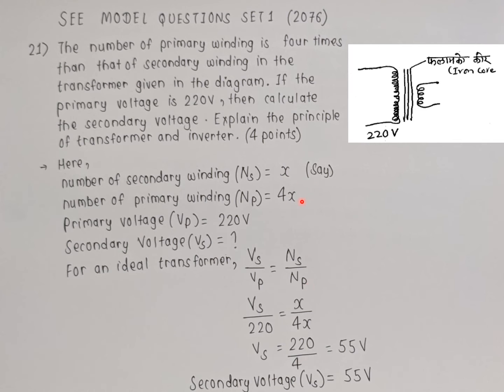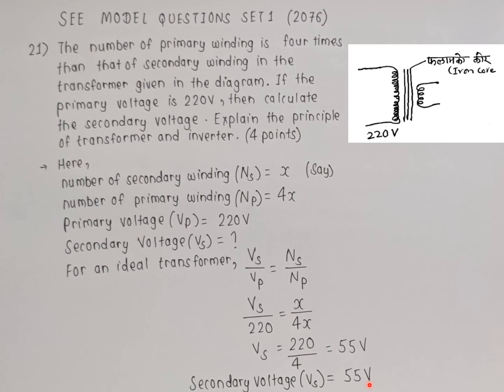Let's insert those values. NS is X, NP is 4X, and the primary voltage is 220 volt. X cancels out, and you get the secondary voltage to be 55 volt.